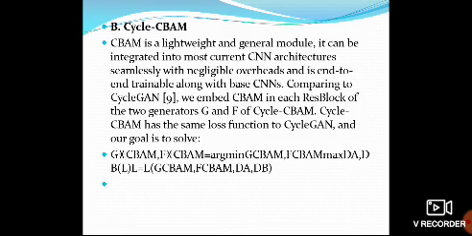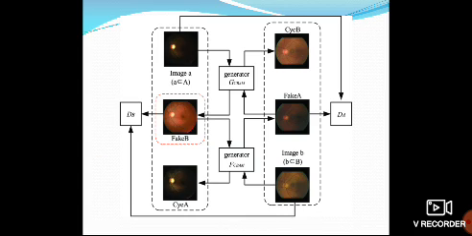Compared to CycleGAN, we added CBAM in each residual block of the two generators G and F of Cycle-CBAM. Cycle-CBAM has the same loss function as CycleGAN, and our goal is to solve this. The given form here: image A, fake A, cycle B, cycle A, generator.